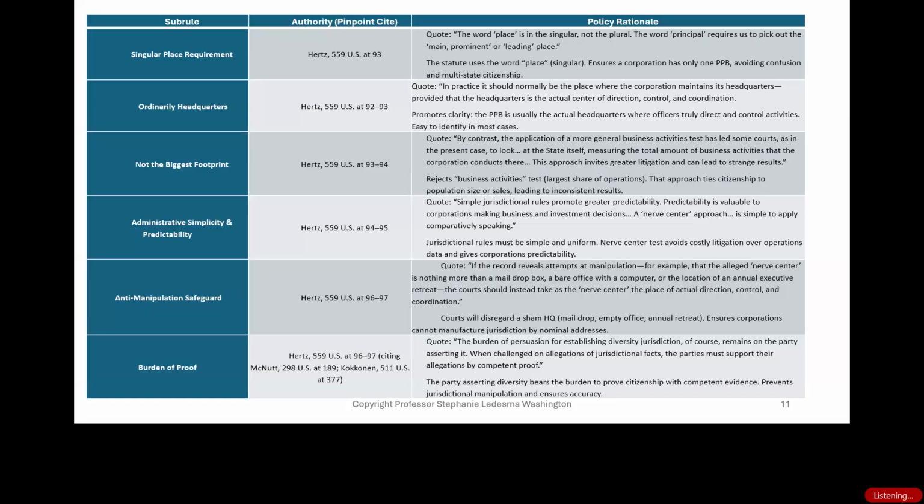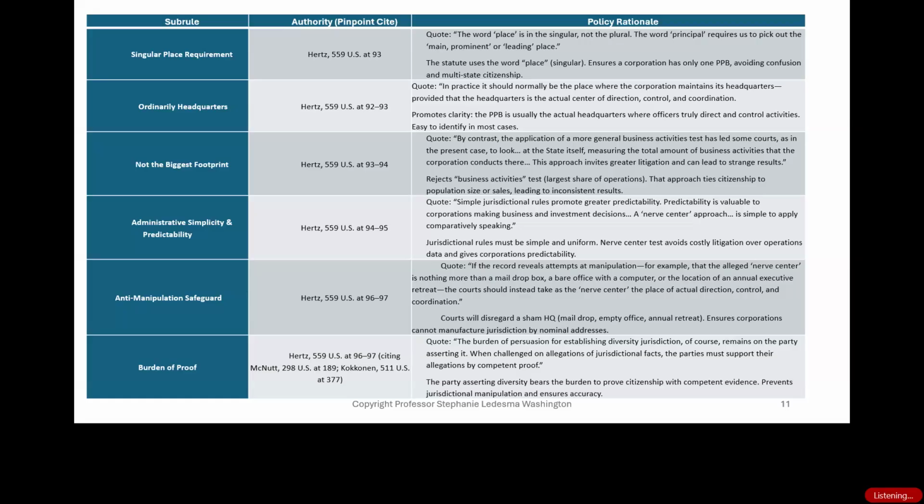The statute uses the word place to establish that there is a singular place where there is a principal place of business, right? There's a single state for incorporation. There is a single state for principal place of business. This singularity is important because it avoids confusion and prevents corporations from being treated as citizens in multiple states.